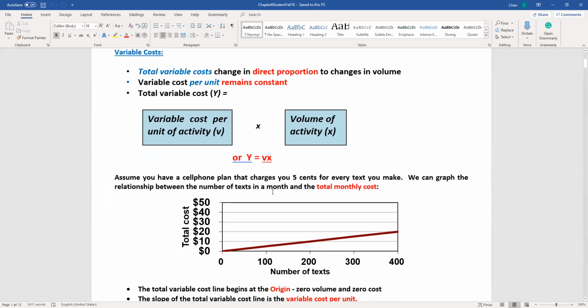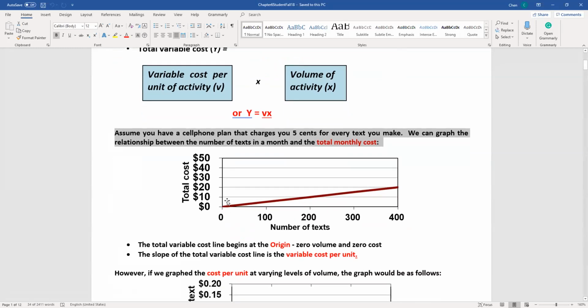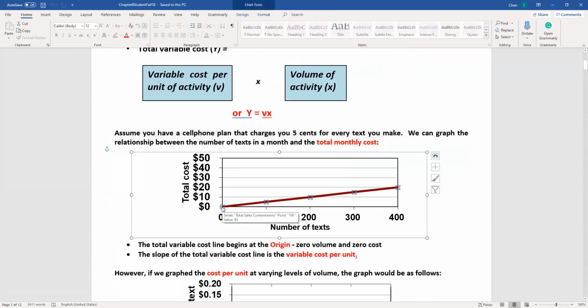So here is a very simple example. Assume you have a smartphone plan that charges 5 cents for every text you make. And then we can graph the relationship between the number of texts in a month and the total monthly cost. I think most phone firms right now are offering the flat rate, but just imagine what we did in the past.